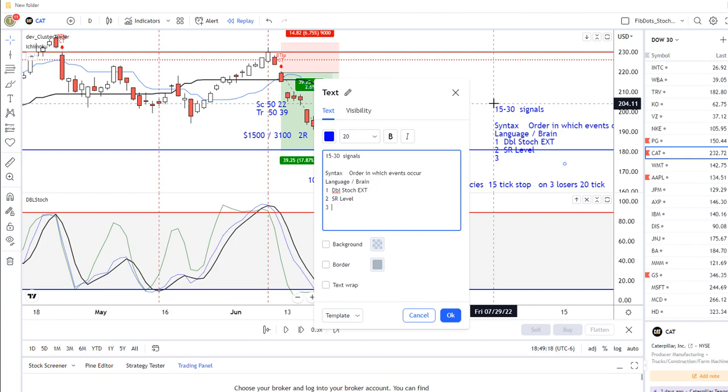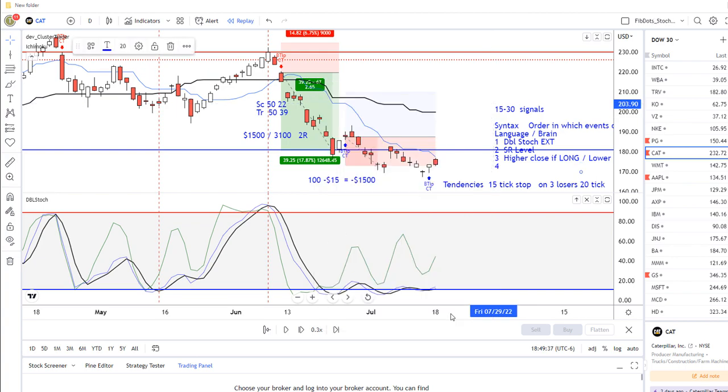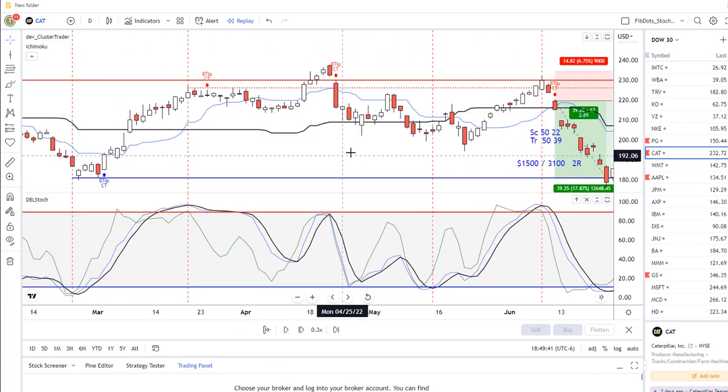Well, actually 3, we need to wait for a higher close if long, if we're buyers, a lower close if we're sellers or short, to the prior candle.